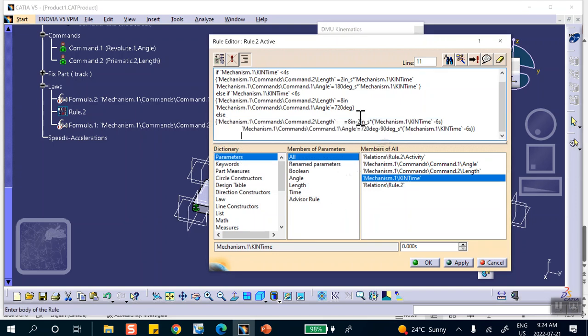Let me just see. Where's line 9, by the way? 1, 2, 3, 4, 5, 6, 7, 8, 9. 6 seconds, angle equal to 720 times time minus 6. Okay, so this seems to be okay to me, but am I missing something?